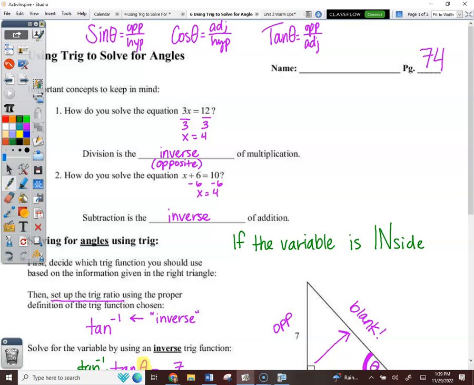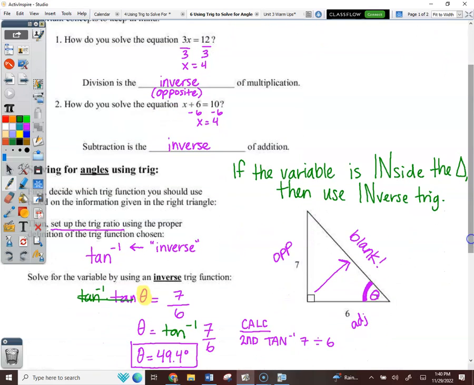If it's inside the triangle, then use inverse trig. That's what I want you to write. If the variable is inside the triangle, then you're using inverse trig. And you'll notice I wrote the beginning of those words the same to show you the connection. How do you remember when to use inverse trig? When the variable is inside the triangle.